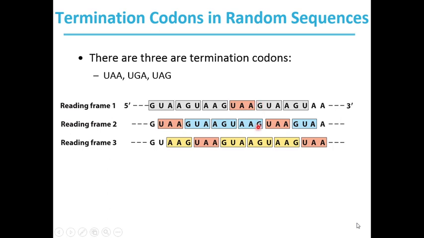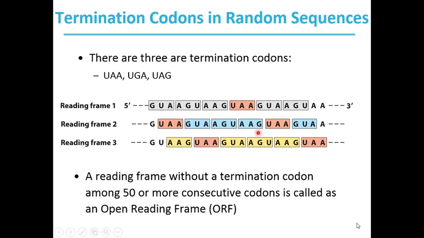In general, a reading frame without a termination codon among 50 or more consecutive codons is called an open reading frame. Long open reading frames usually correspond to genes that encode proteins.